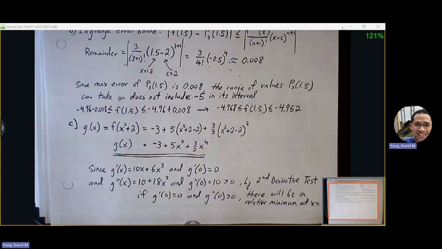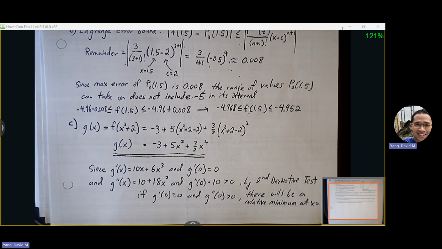Okay, so once we get that value, that ends up being 0.008. So this is the worst case scenario in terms of how far off this approximation is. This approximation is off by no more than plus or minus 0.008. So it just wants to show that after we include the worst case scenario error bound, we still guarantee that our value doesn't include -5.